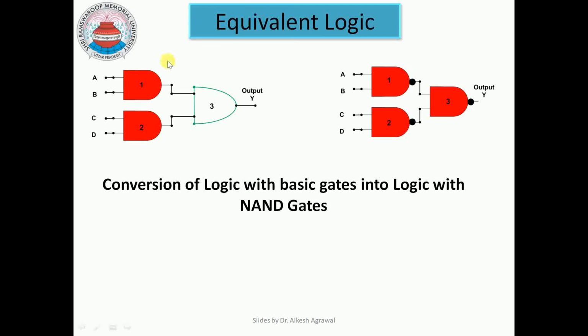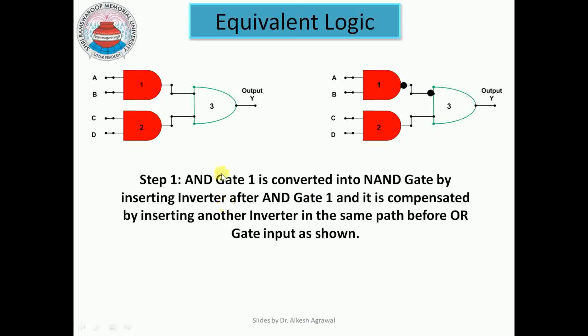So this is a simple example. We have two AND gates and one OR gate, and we have to implement this Boolean expression, implemented through basic logic gates, through NAND logic gates. So first step is we converted this AND gate 1 into a NAND gate by placing an inversion.